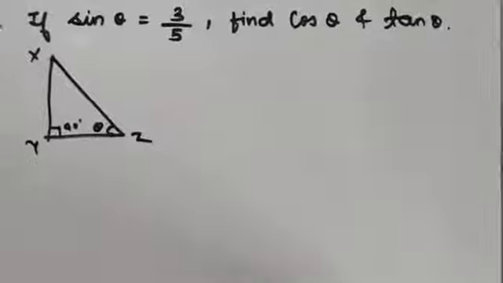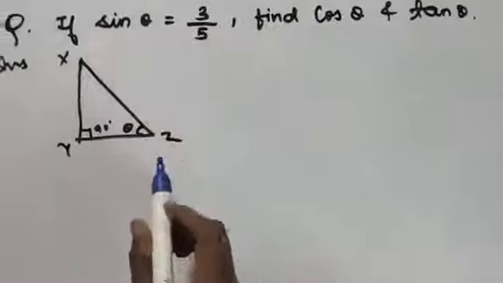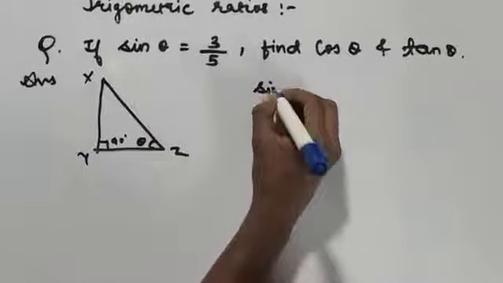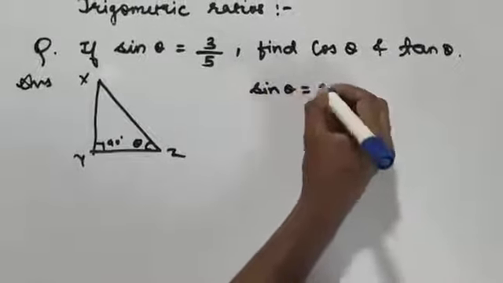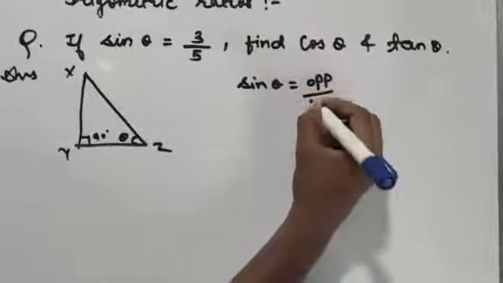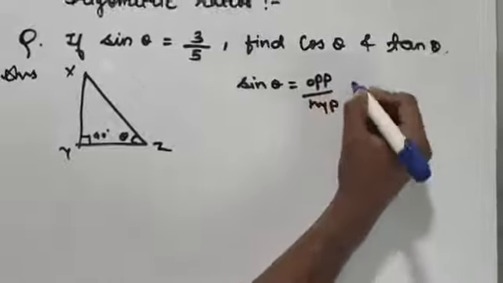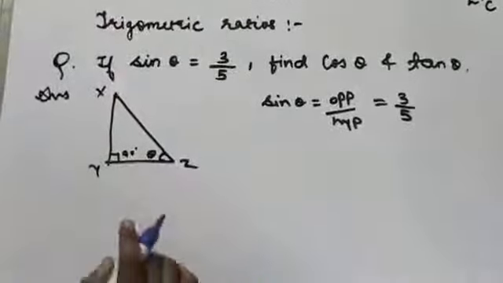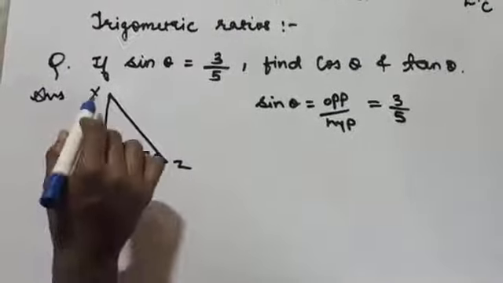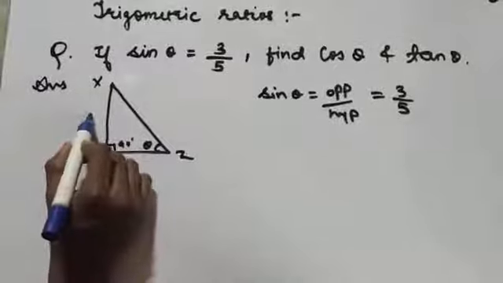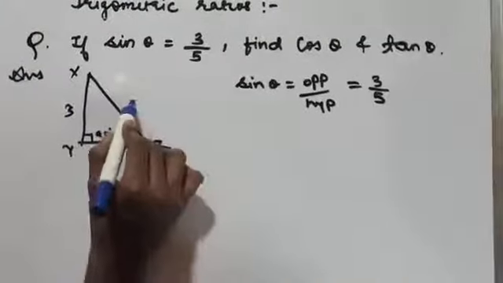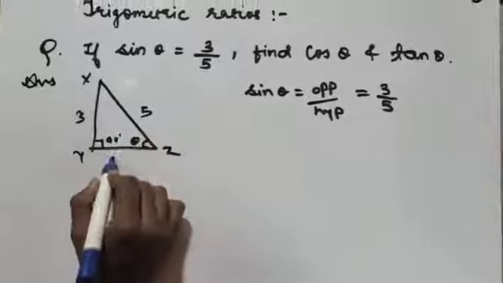Here sine theta is given as 3 by 5. We know sine theta is opposite upon hypotenuse, that is 3 by 5. So opposite side to angle theta is side XY, which will be 3, and hypotenuse is XZ, which will be 5.